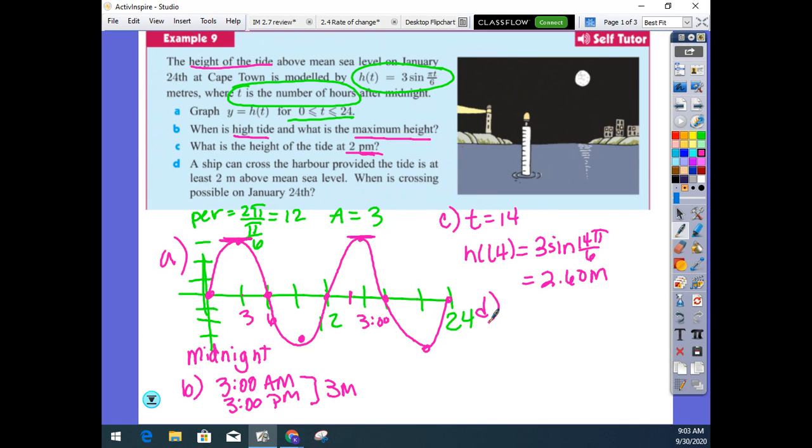All right, so letter D is at least 2 meters above sea level. So notice that's right through here. So we're looking for this time period. So this is where we want to set our height equal to 2.